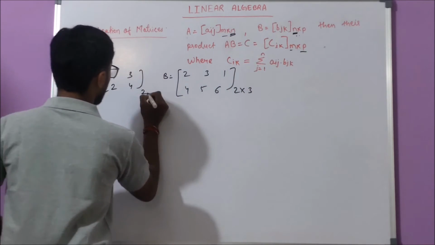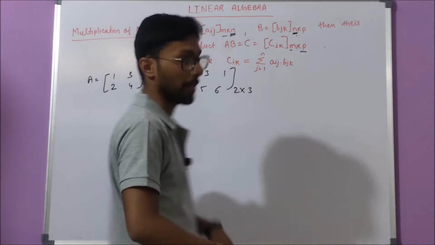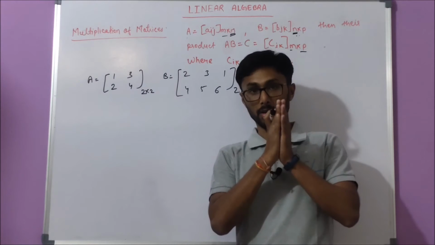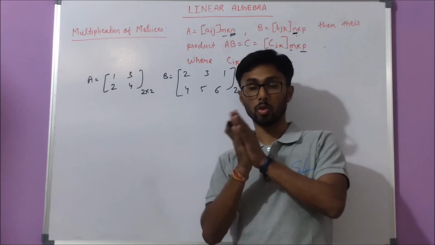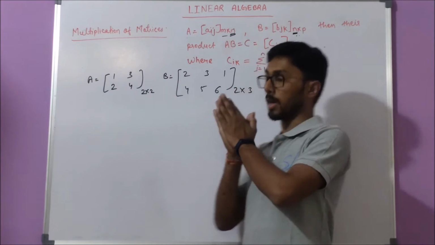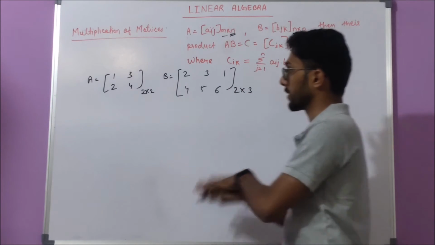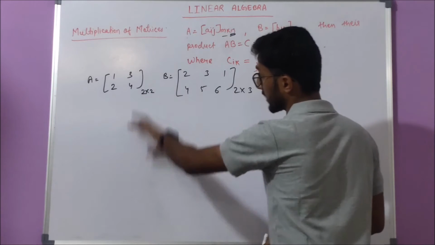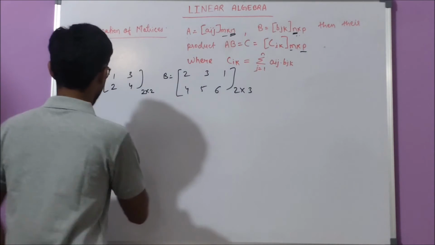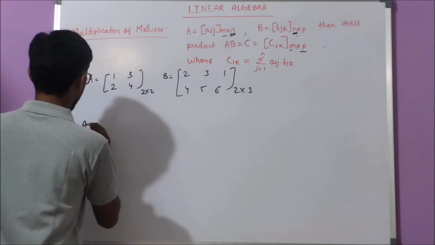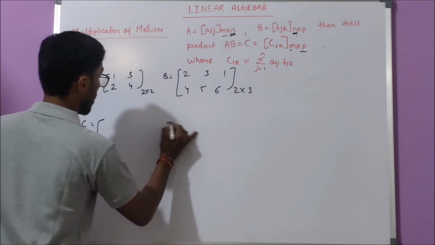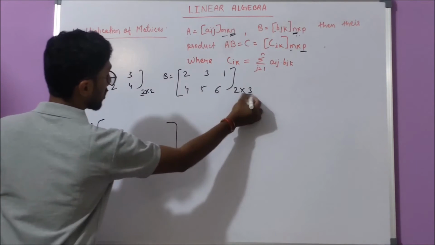Let's see if these two matrices are compatible to be multiplied or not. The columns in the first matrix should be equal to the number of rows in the second matrix. Column is 2 and row is 2, so they are compatible to be multiplied. So let's multiply these two matrices and the final size will be 2 cross 3.